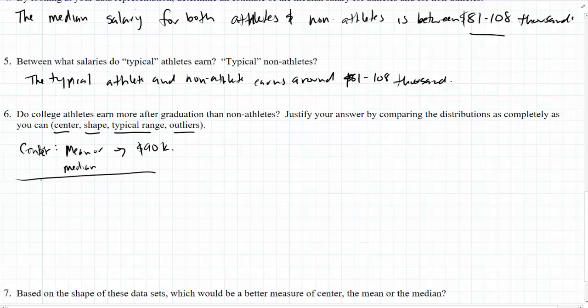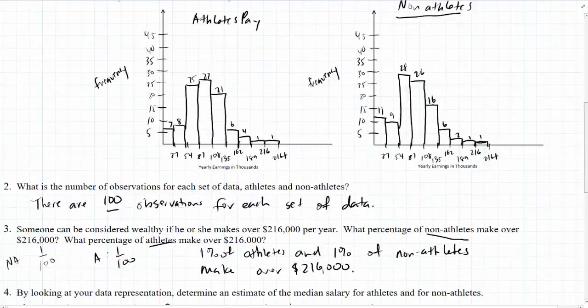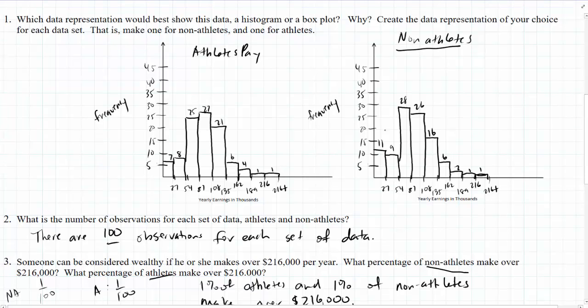That's center. The shape: I would say this is symmetric, or actually no, I would say it's skewed to the right. We can see that most of the data is here, and then at the end it starts coming off.